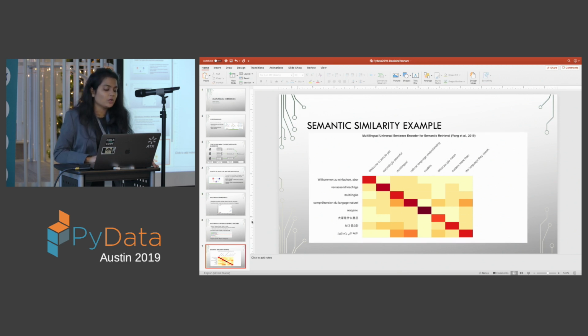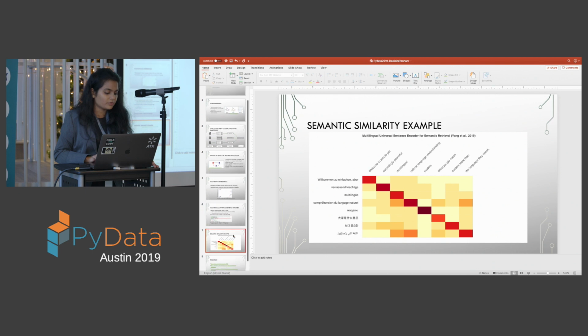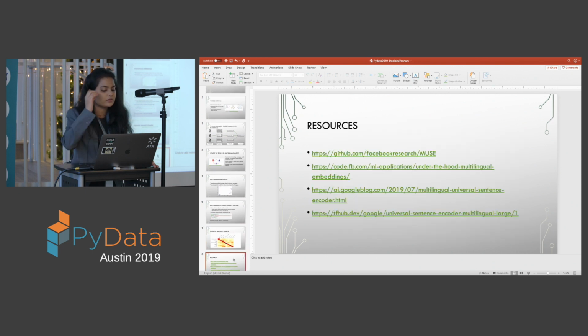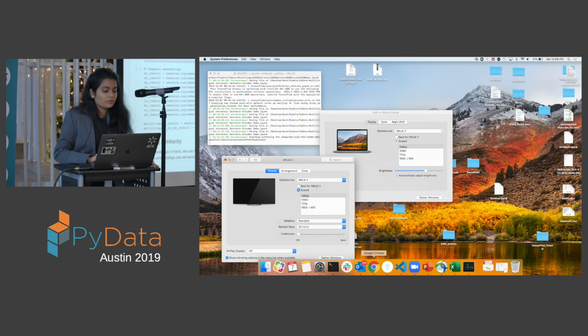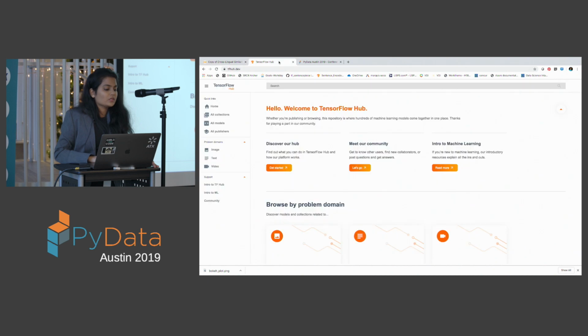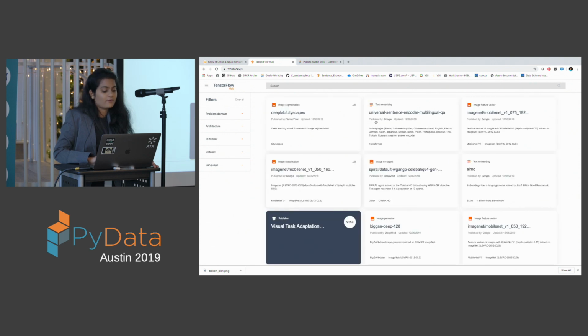Google does provide a lot of resources on TF Hub to be able to look at. They have a lot of models on, let me show you. So tfhub.dev is where they publish all these models, and if you just click on all models, they have over 100 models, and you can filter by problem domain.